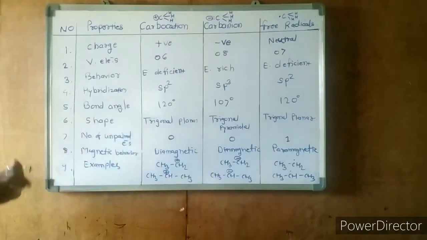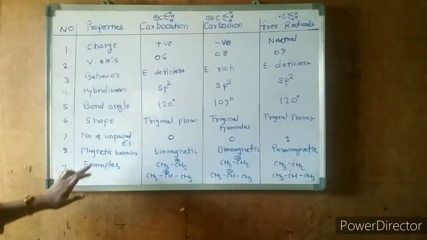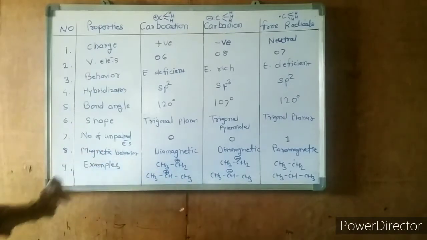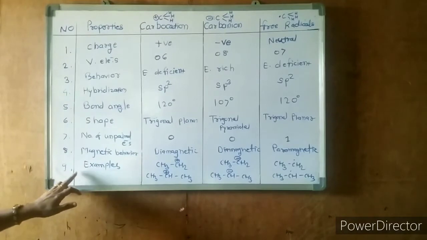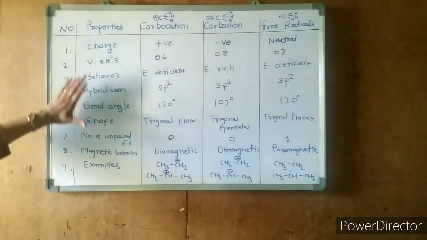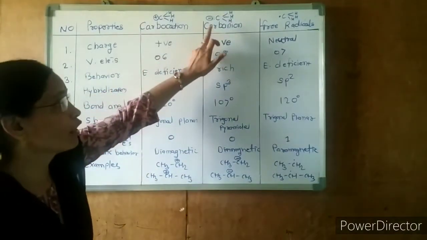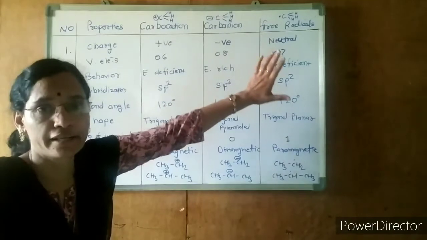Sixth, shape of the molecule. Seventh, number of unpaired electrons. Eighth, magnetic behavior or magnetic nature or magnetic character. And ninth, that is the example. Okay, all these are the properties of carbocations, carbanions and free radicals.